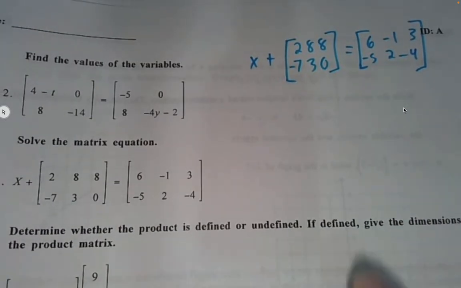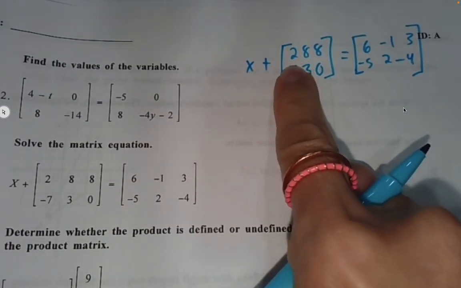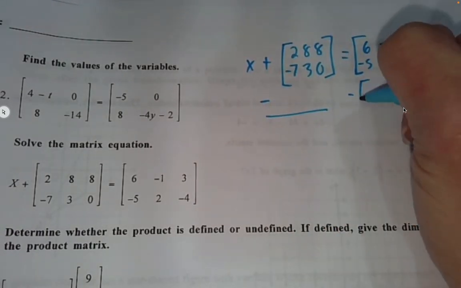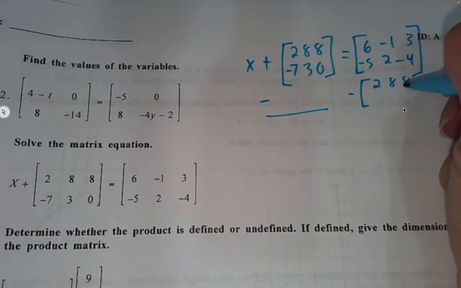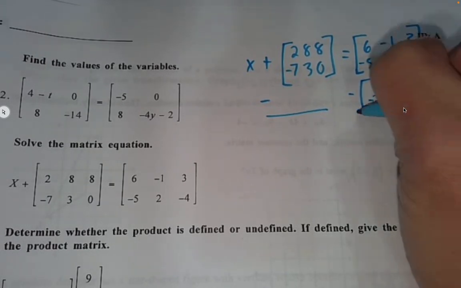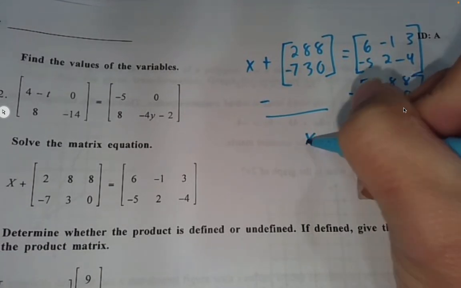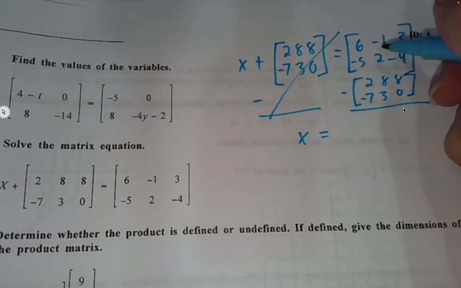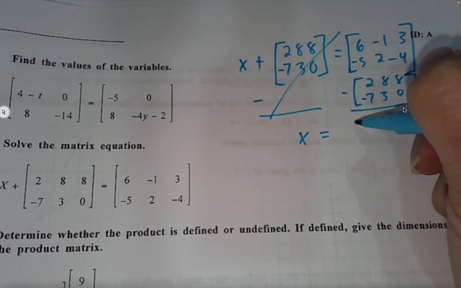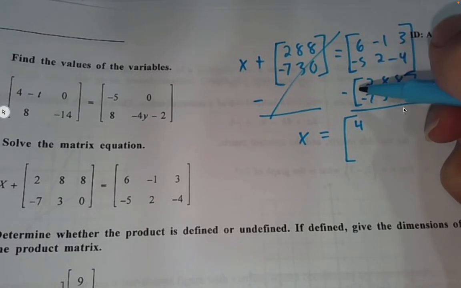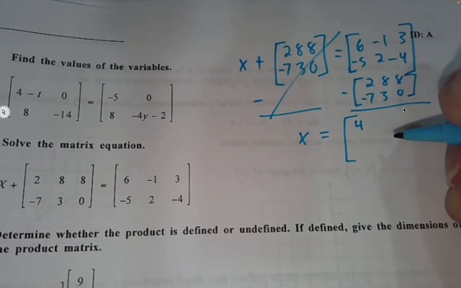Okay, so since it has a plus sign, the only way for me to move it over is to subtract that whole thing. So I get, that goes away. 6 minus 2 is 4. -5 minus a -7.